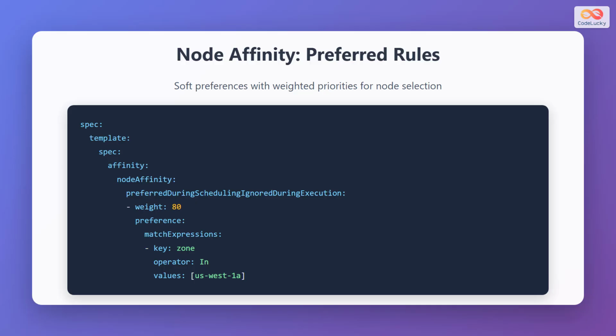The scheduler calculates scores for each node and prefers nodes with higher scores. In this example, we're setting a weight of 80 to prefer nodes in the US West 1A availability zone. If such nodes aren't available, the scheduler will still place pods on other eligible nodes. This is useful for optimizing placement without creating strict requirements that could prevent scheduling.